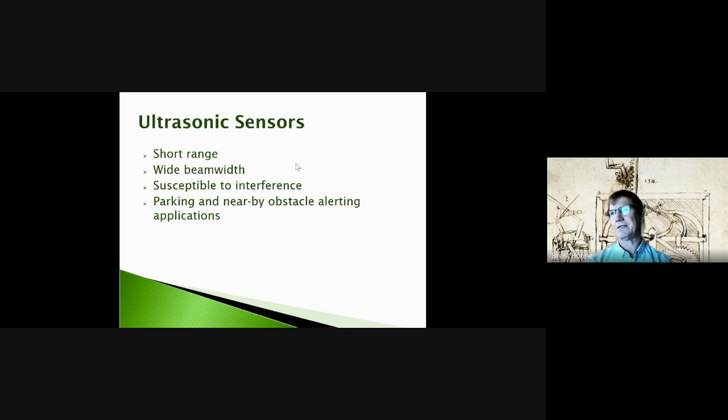The velocity is a lot slower, so the wavelength is a lot bigger, and physically you're going to end up with wide beams. Again, they're susceptible to interference. These are ultrasonics, but there's lots of noise in that regime. But they can be useful for parking and other nearby obstacle alerting applications. Oh, you're about to run over the bike your kid left in the driveway or something like that.